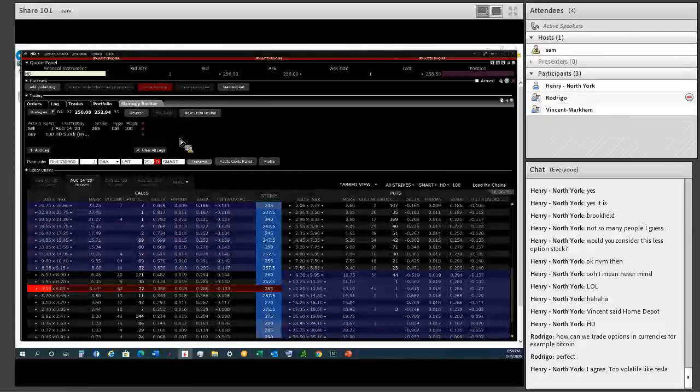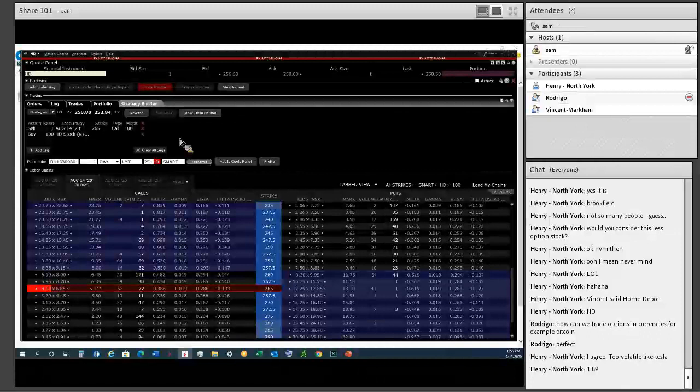What are we getting? Who can tell me? We get 490 and we do 265, sorry, it's not 265, it's 258.50. So we get 490 divided by 258.50. Yeah, it's close to 2%.